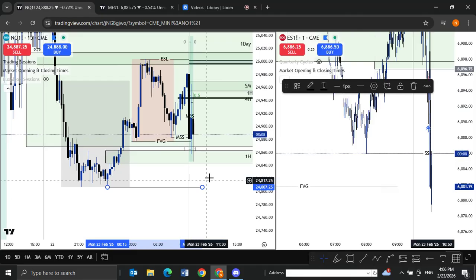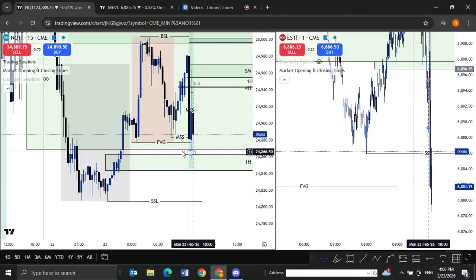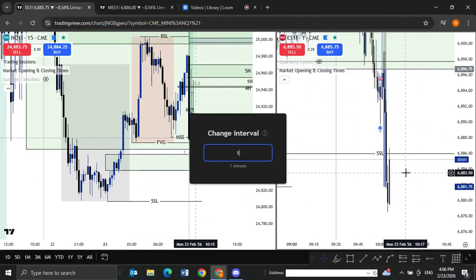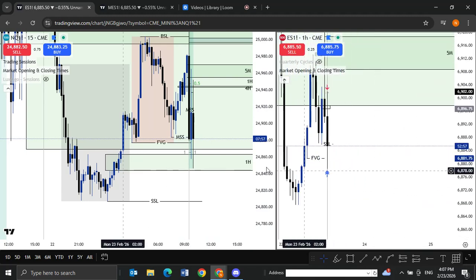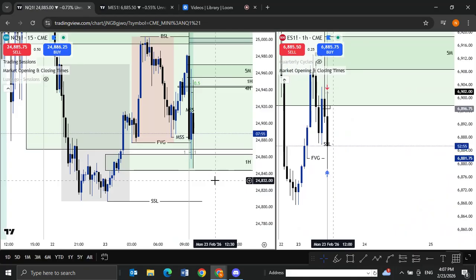Where is the sell side? But so far we have a nice reaction from this hourly. So I'm not interested in shorting this yet.